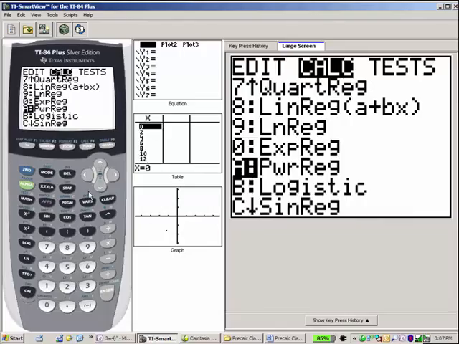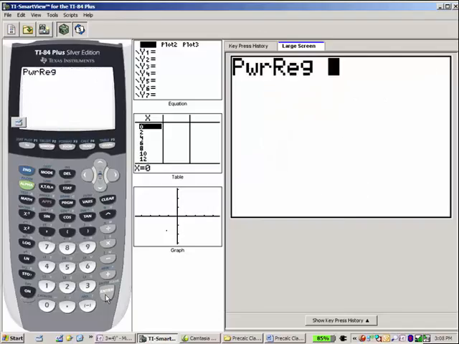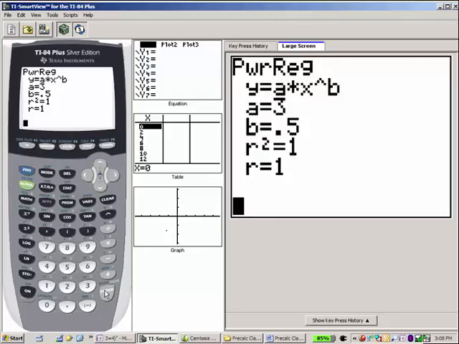So it will find you the model of the power function that goes through those 2 points. And if you hit Enter, remember, it defaults to L1 and L2. But if you want, you can tell it L1 and L2. And if you wanted to paste it in Y1, you can paste it in Y1. I'm just going to press Enter again. And hey, look, what do you get? Y equals 3x to the 1/2. Right?